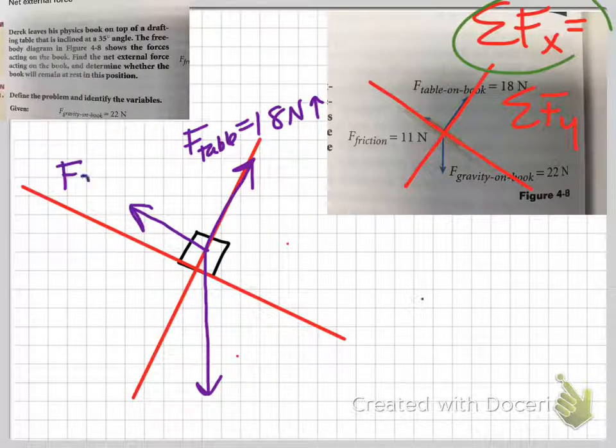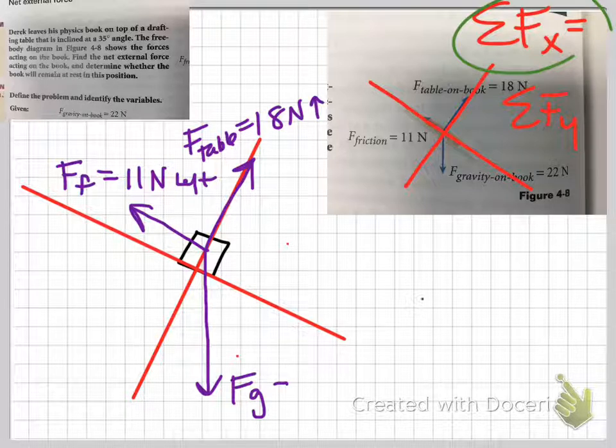I'm going to label our force of friction, which is also now straight along the axes, and that's to the left in our drawing. You could say uphill. We'll talk more about how weird that whole thing gets. But, okay. Now, I have the force of gravity on the book, which is 22 newtons. But this one now has to be resolved.